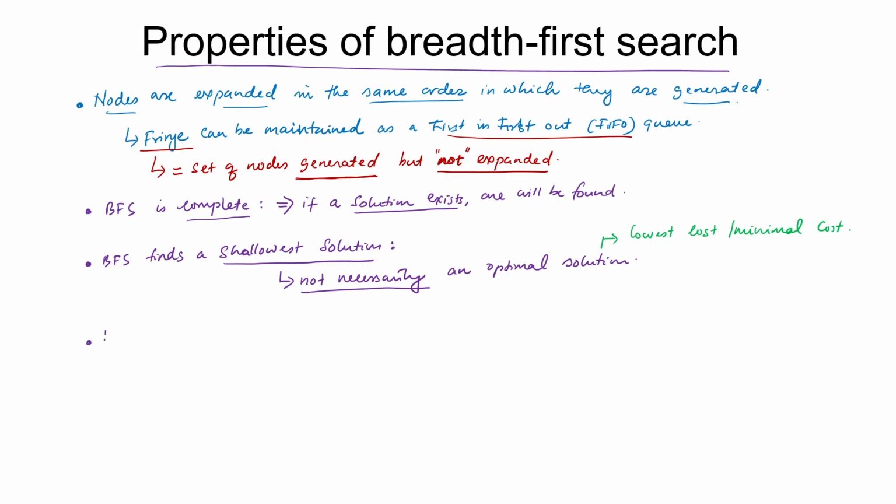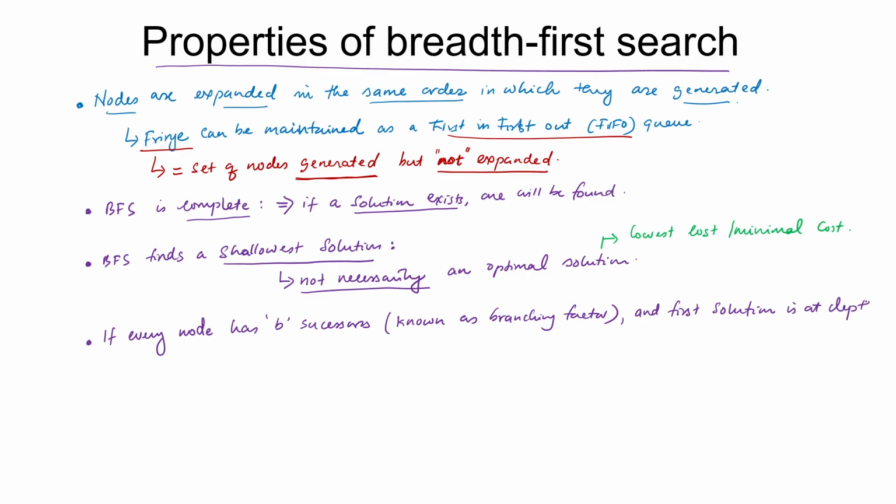Then next one is if every node has b successors, okay, this is known as the branching factor, okay. And the first solution is at depth d, okay.